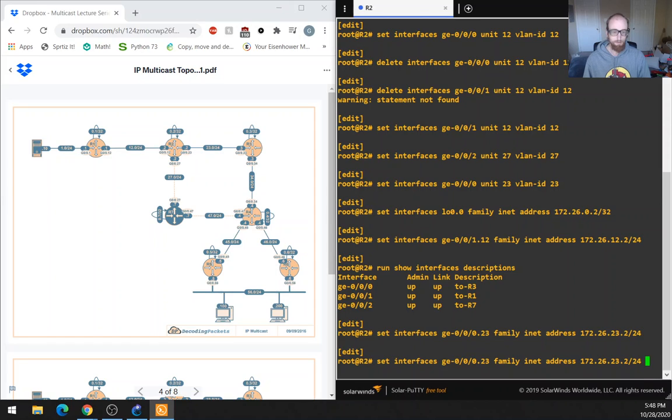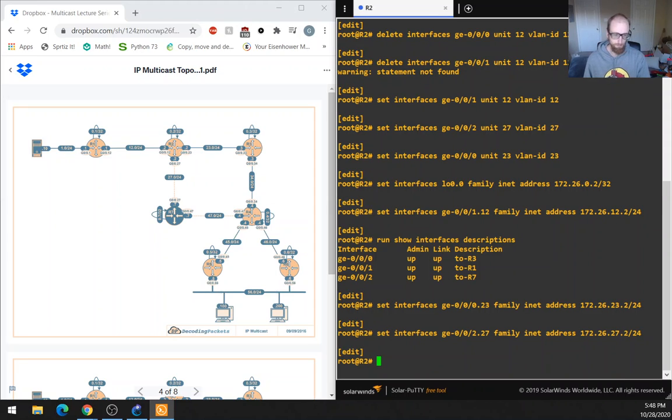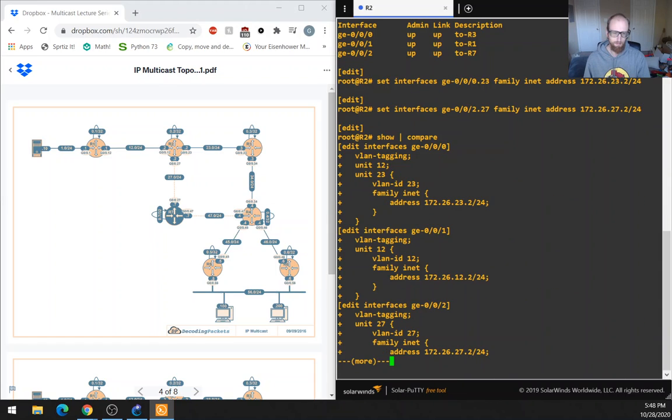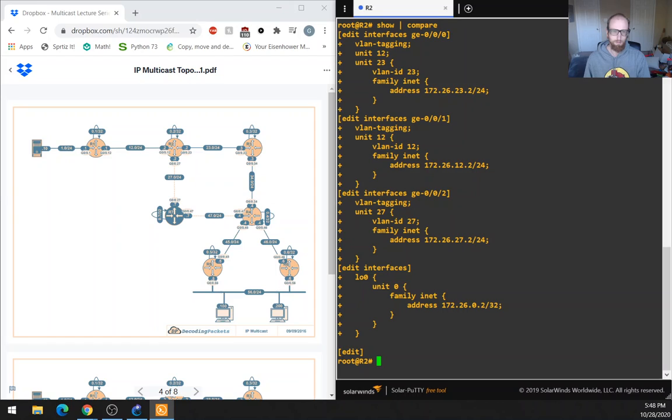Okay, and now to router 7, which is going to be 2.0.27. It's going to be .27.2. Yeah, for a minute I thought that it was in the 4th octet where the 27 was, but nope, it's in the 3rd octet. Yeah, that looks good to me.